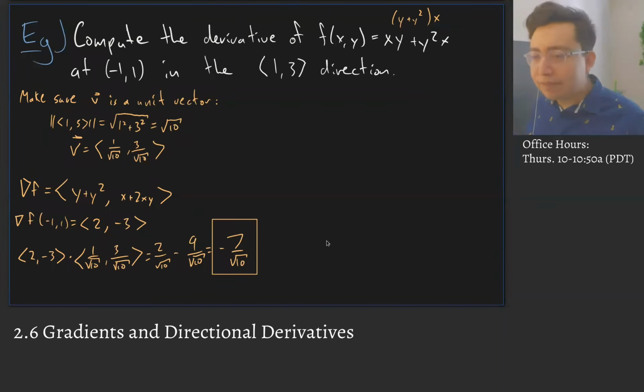Now, the reason for normalizing is because, remember, the derivative is computing a rate of change. So you can think of that as a rise over run. And this unit length is making sure that our run is always equal to 1. By making that unit length, we're making sure that the denominator is always 1 on that rise over run thing.